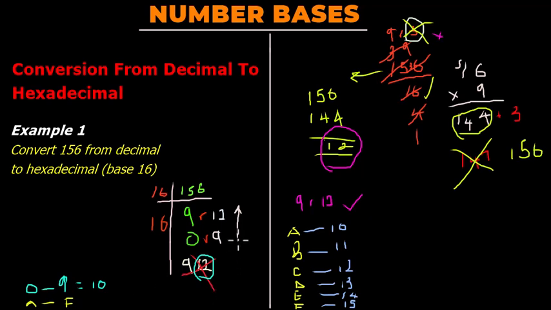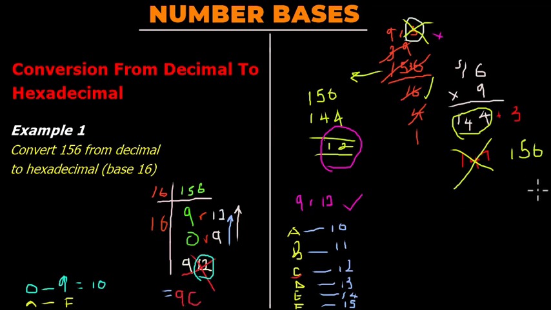So if you want to write our remainders out now from bottom to top, what are we going to have? We're going to have it as 9, and what is 12 in hexadecimal? Coming here, 12 is C. So you're going to have 9C.